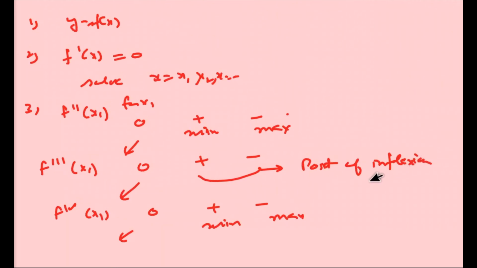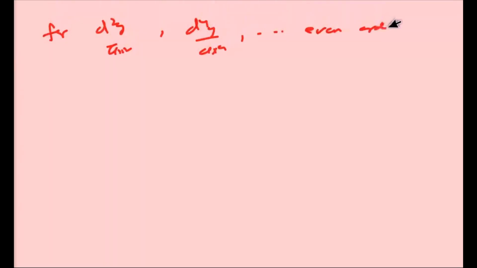Okay, and this way we can tell you, for d2y by dx square, d4y by dx4, even order, positive means minimum and negative means maximum.